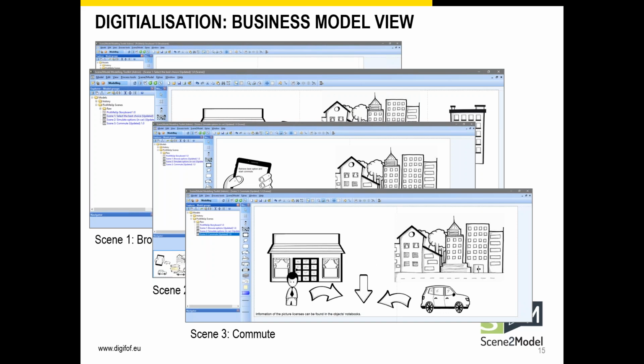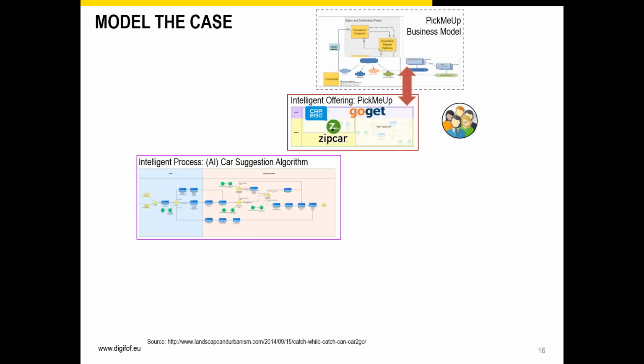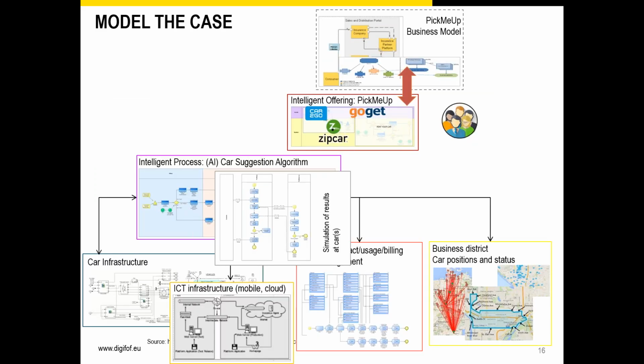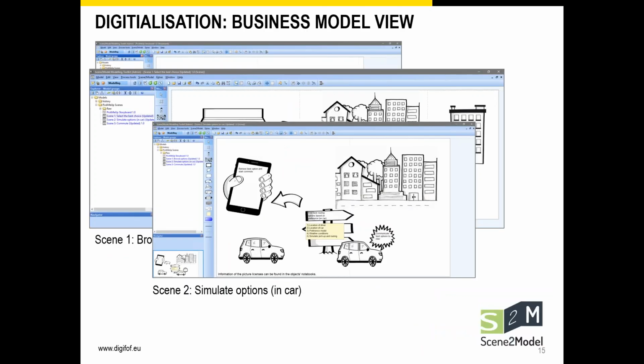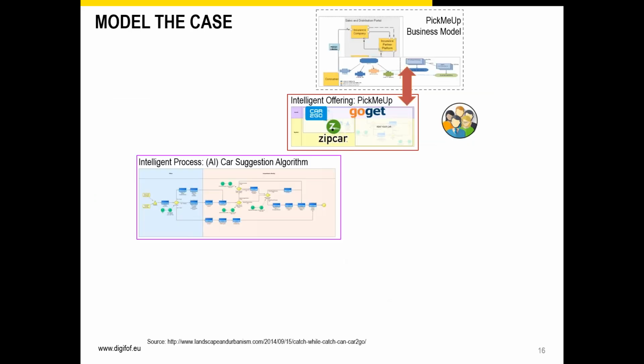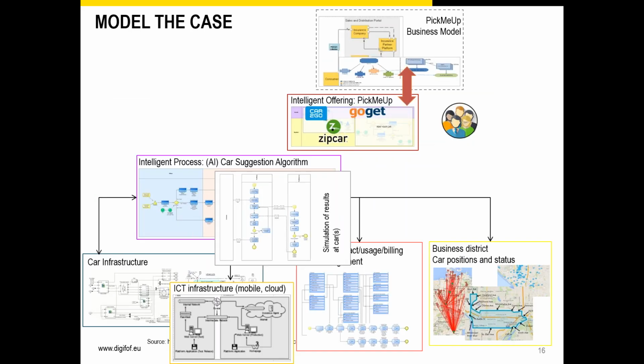So these are screenshots of the scene-to-model tool. That's part of the delivery package for the OMiLAB. The further decomposition would then be to formalize this knowledge. What you have seen here in the scene-to-model views are images that are iconic. That means there's no formal representation yet. When we formalize this, we can follow different types of approaches.